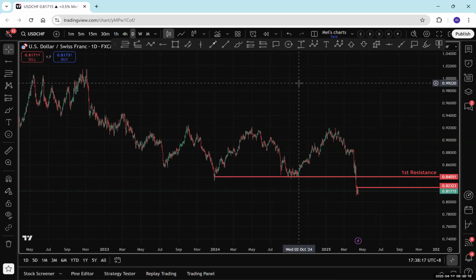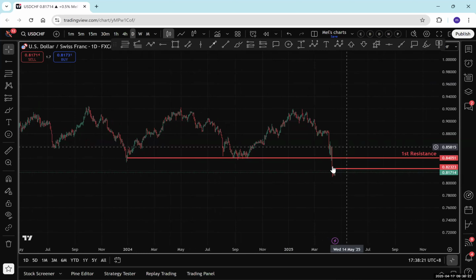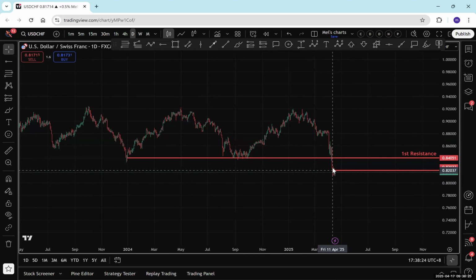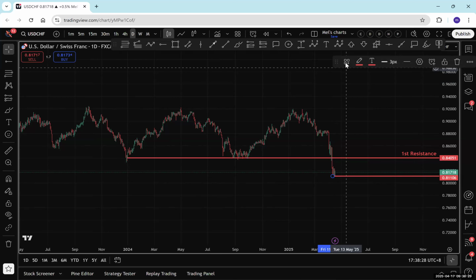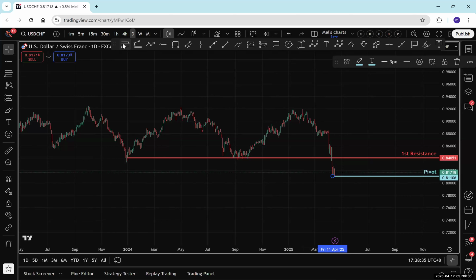So my first resistance will be up there, and I'm going to place an intermediate support level just at where price is currently at. Or maybe I'll just label it as a pivot.